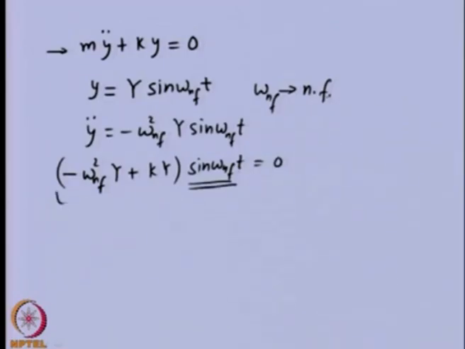So, the term within the bracket we should equate to 0, and Y is common. So, we will be having m terms in every place equal to 0. Y is common, so the amplitude Y cannot be 0. So, we should have this term 0. This is called the frequency equation.